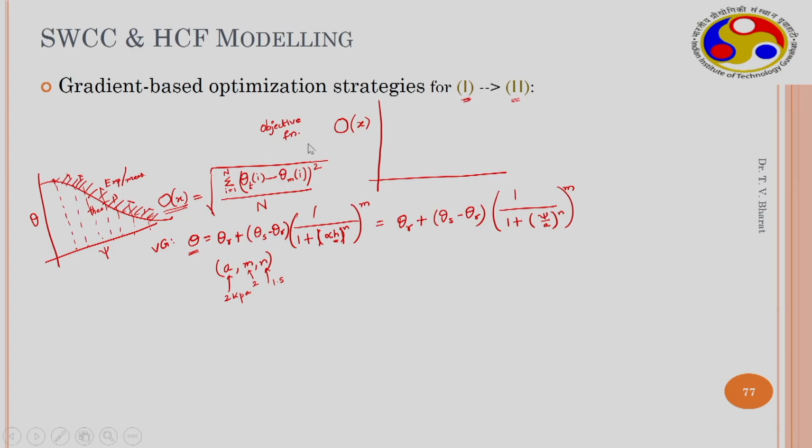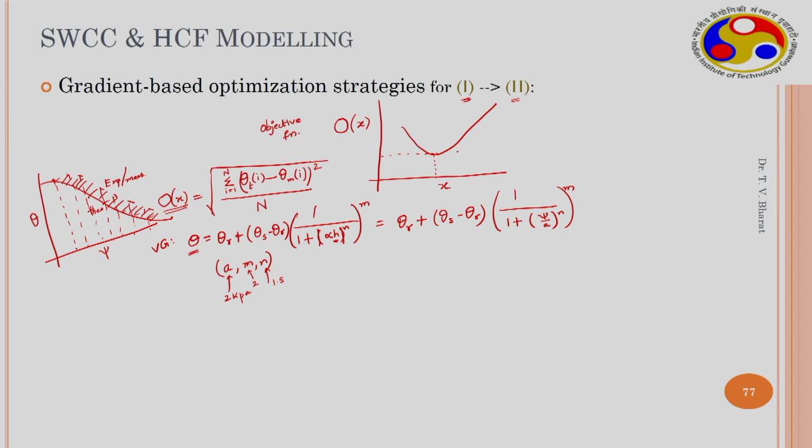Here the model parameter is x, where x could be a, m or n. If you have only one model parameter to determine, you may have an objective function like this. Our objective is to minimize the objective function, or error function value, and determine the corresponding x.